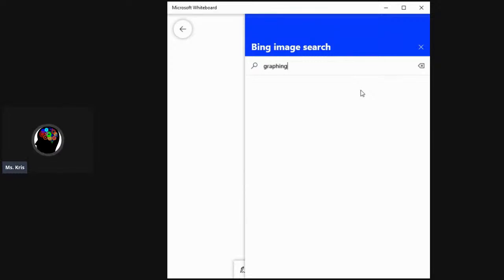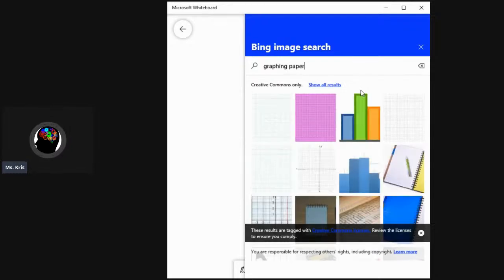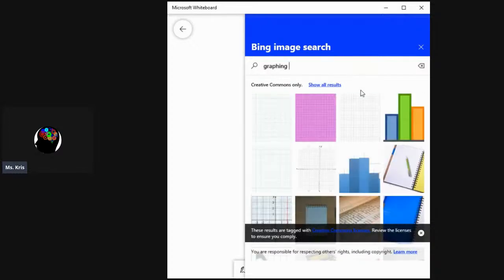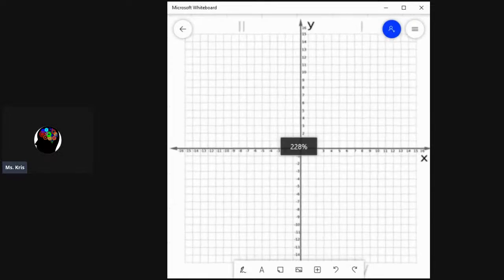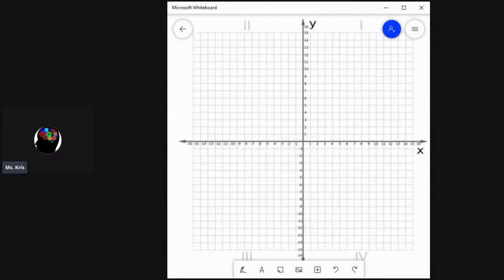Now with this one, I am going to need a one-on-one type of graph. Ooh, yes, perfect. And it shows you the quadrants, yay.